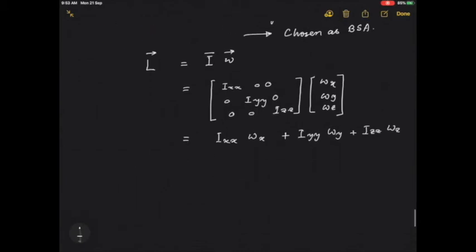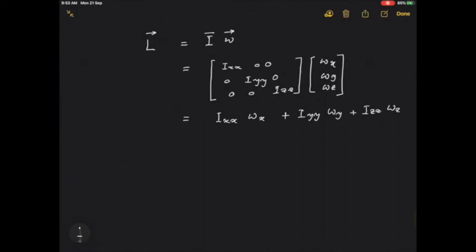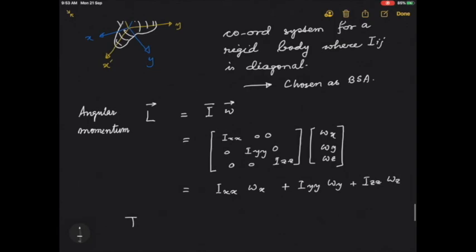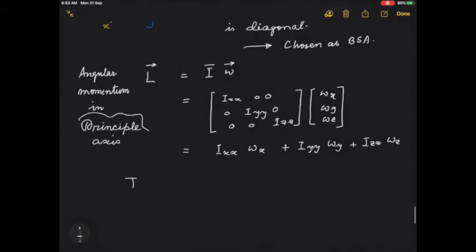I guess you have done a lot of problems already in finding the components of the moment of inertia, so I will not go in that direction much. Let's see what the kinetic energy becomes. So this is angular momentum, and these are all in principal axis.